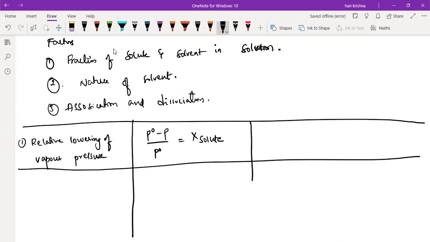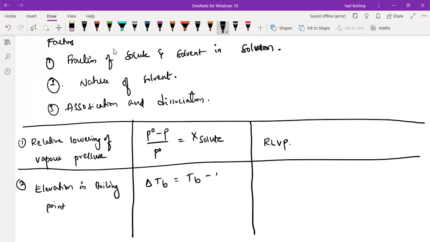Second one, elevation in boiling point. That is delta TB equal to TB minus TB naught, or we can write delta TB equal to KBm, where KB is called the ebullioscopic constant, or molar elevation constant.